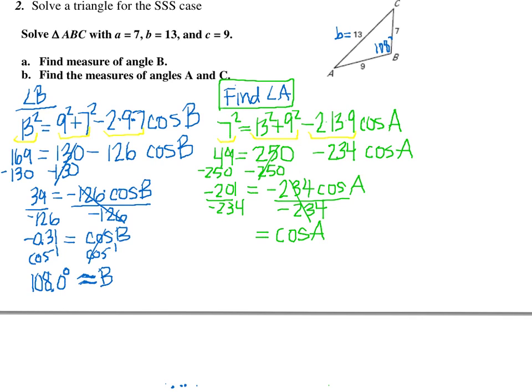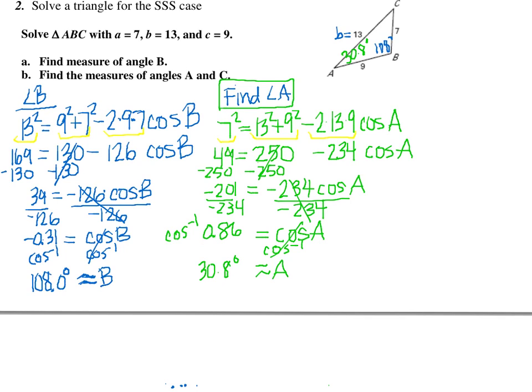And on the left side, if you put negative 201 divided by negative 234, you'll get about 0.86 in your calculator. And as I've said every time, keep that value in your calculator. We need to do the inverse cosine to get A alone. So in your calculator, do the inverse cosine and then do second and answer so we get a more exact value. So you should find that A is about equal to 30.8 degrees. So angle A is 30.8 degrees.